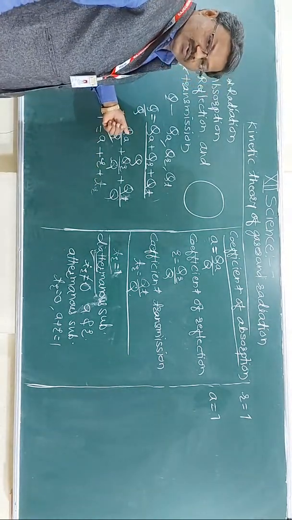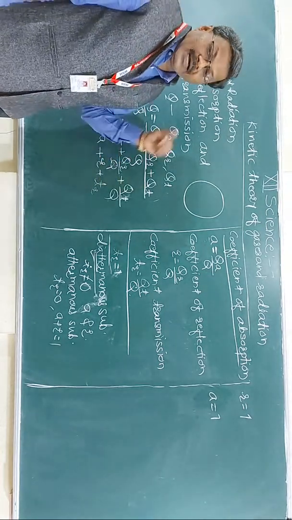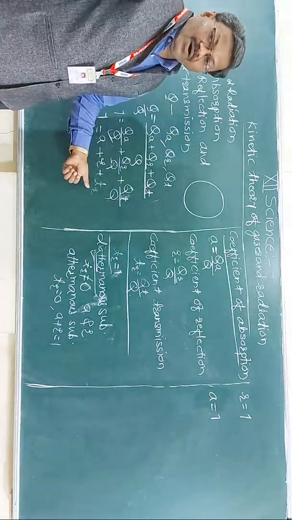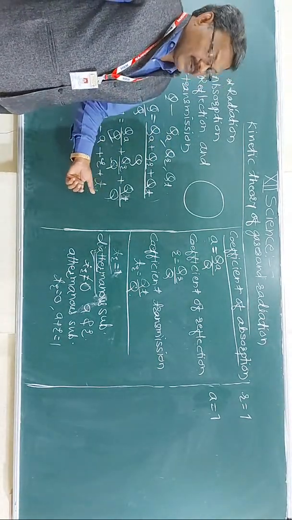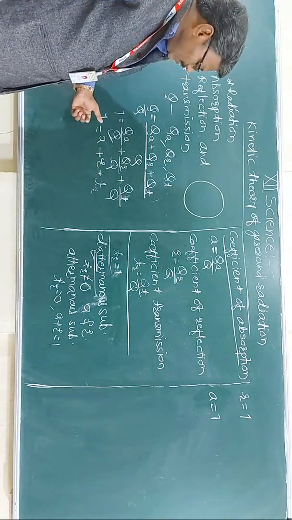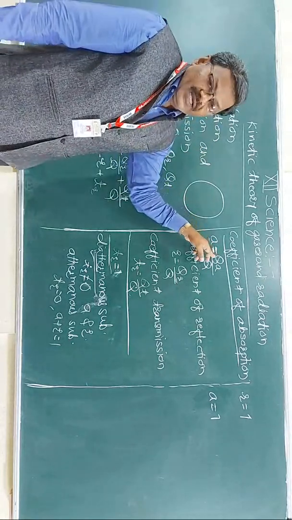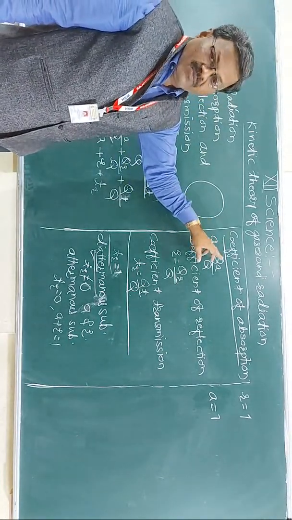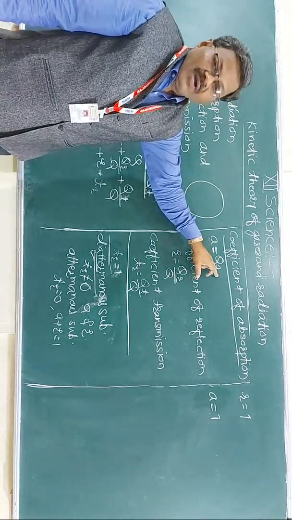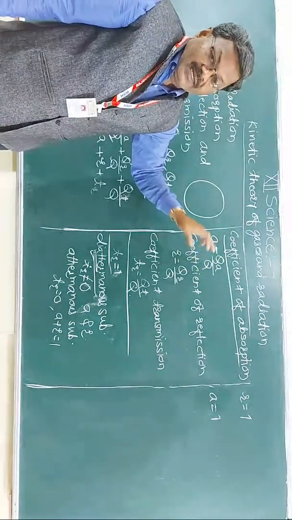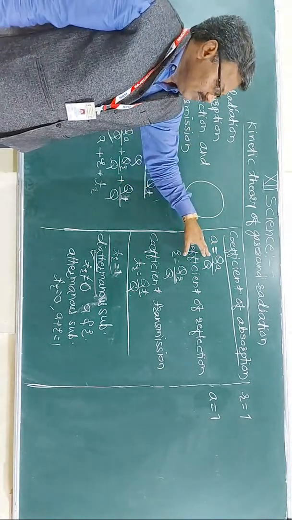Now this A is the coefficient of absorption, R is the coefficient of reflection and TR is the coefficient of transmission. This A plus R plus TR is equal to 1. The coefficient of absorption is defined as the ratio of the quantity of radiant heat absorbed by the body to the total radiant heat incident on the body.